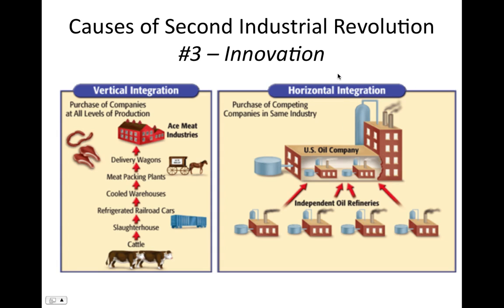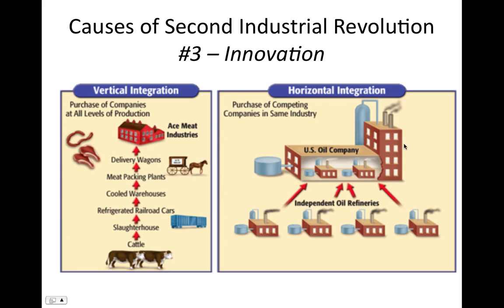Horizontal integration is another version of this. Whereas vertical integration is all about owning the production process from the very beginning to the very end and beyond, horizontal integration is owning all of the competition in a particular part of the production process.